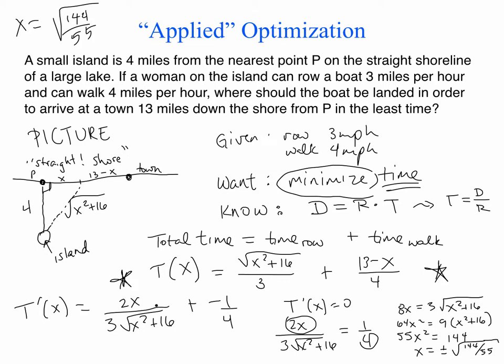The second possibility would be to take the derivative again and plug this x value into the second derivative to see if the function is concave up or concave down at that value.